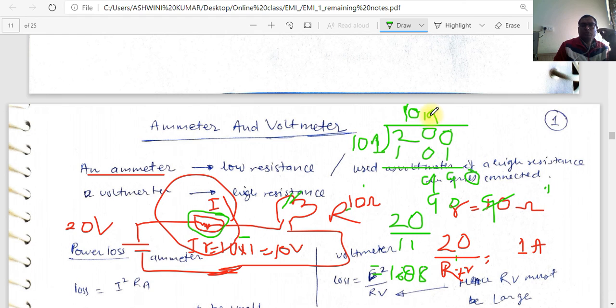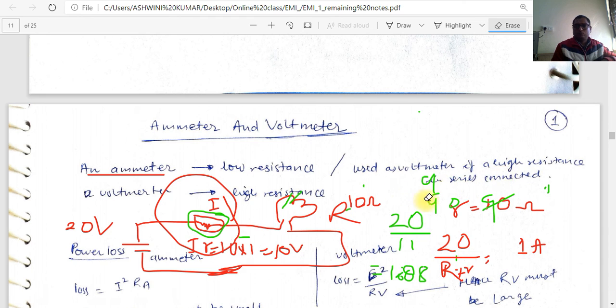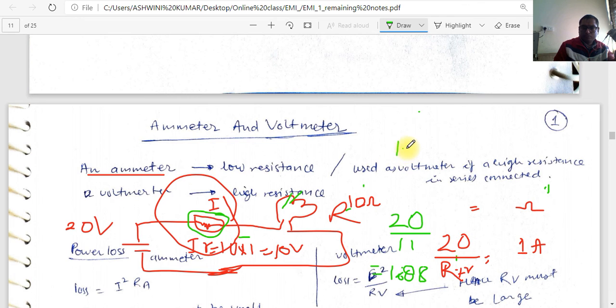Then we can say the current will increase, to approximately 1.9 or more, so approximately there will be 2 ampere. If the resistance is very small, there will be more current. Okay, thank you.